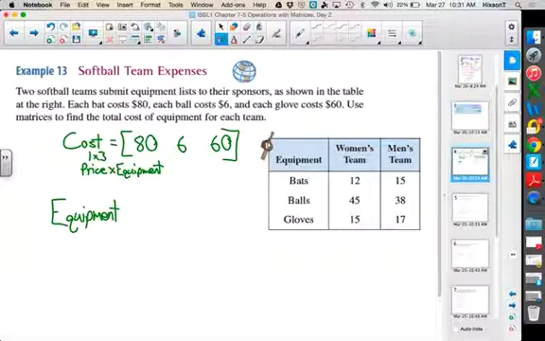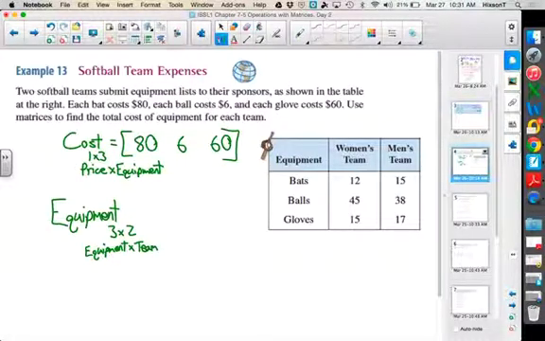So think about it. If I'm going to multiply cost by equipment, what has to be true about the dimensions of our equipment matrix? It has to have 3 rows. And if there are 3 rows, that means the equipment is the row. And the 2 is going to be our team.